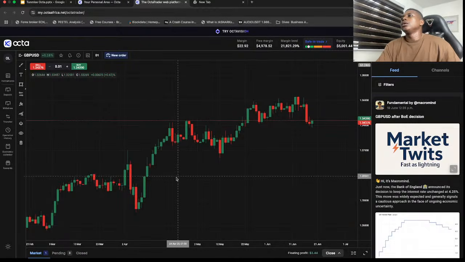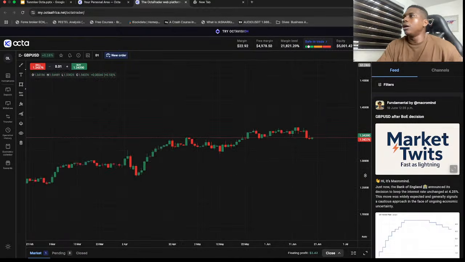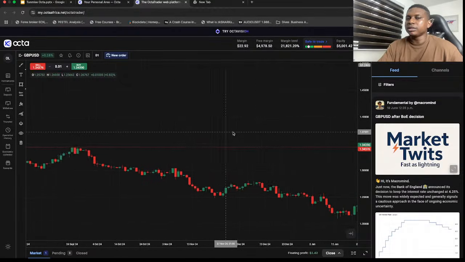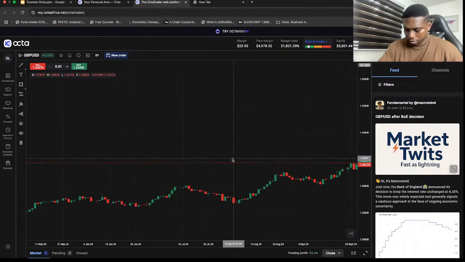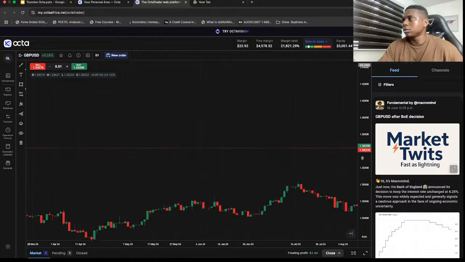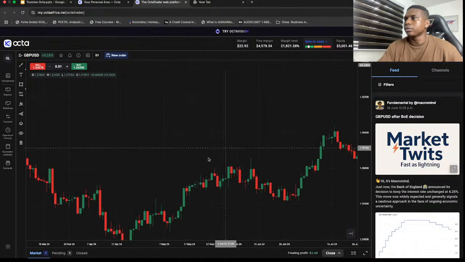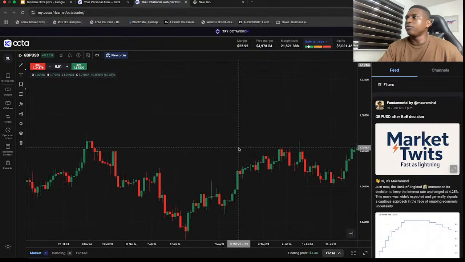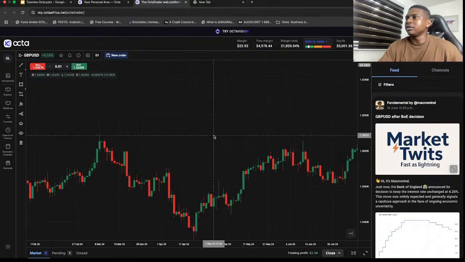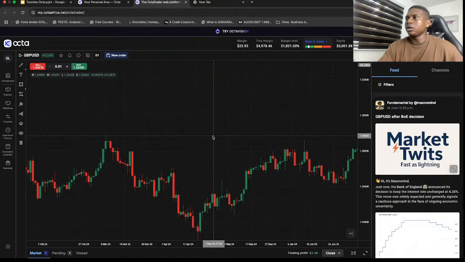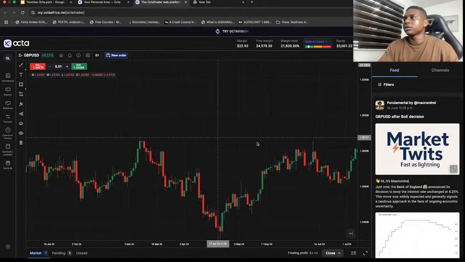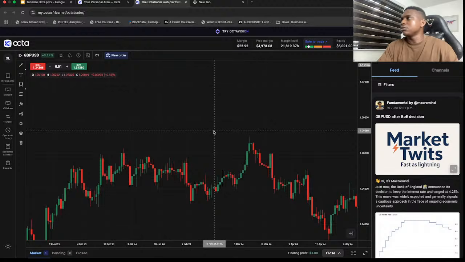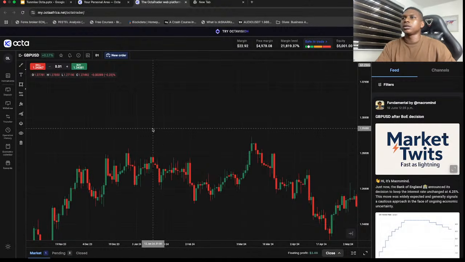On GBPUSD now, we're going to look at the historical price movement and identify levels of support and resistance. So trying to zoom in on my screen.